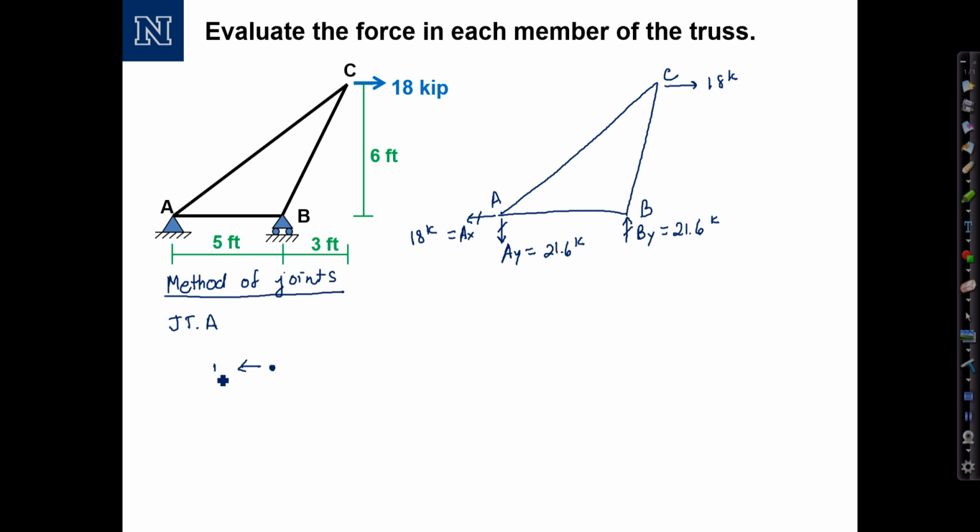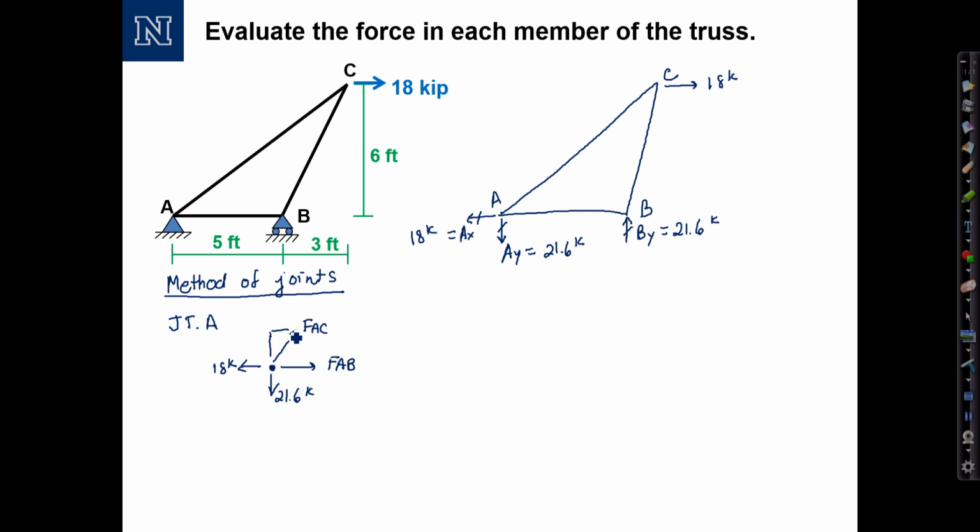We have the 18 kip reaction acting to the left, the 21.6 kip reaction acting downward, and then we have the 2 unknown forces, force in member AC, which I'll draw outward. That means I'm assuming it's acting in tension. And I have the force in member AB, also drawing it outward, the assumption being tension.